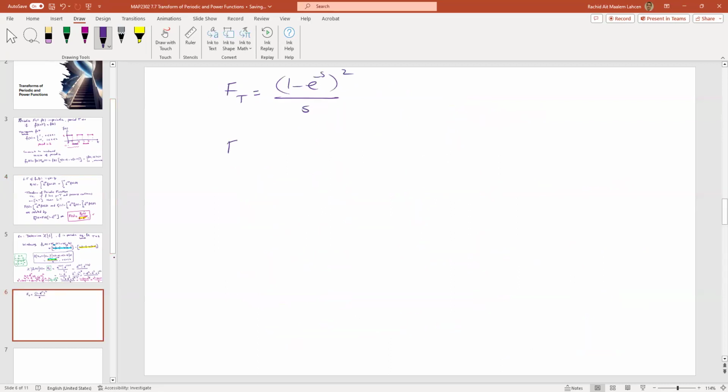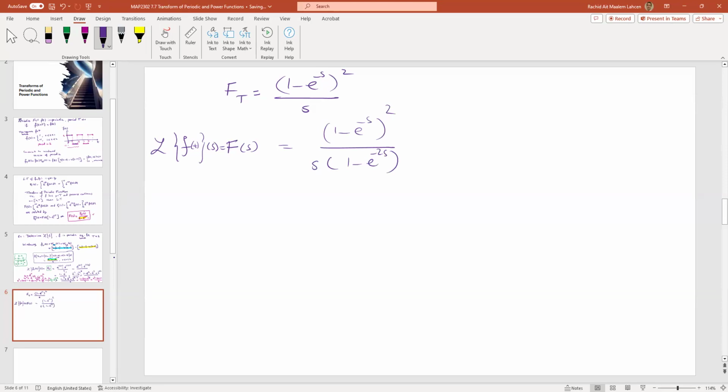So F of s, which is the Laplace transform of the function of t, is going to be what we found divided by 1 minus exponential to negative 2s.